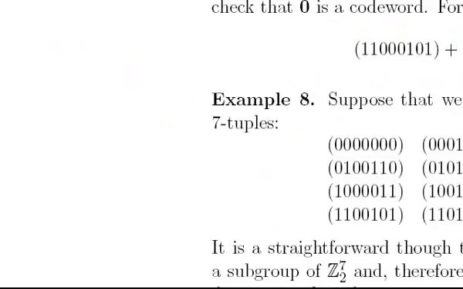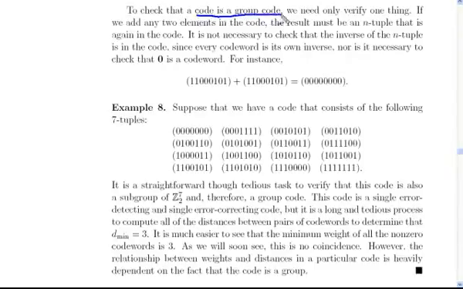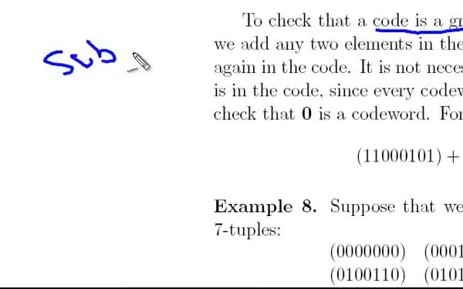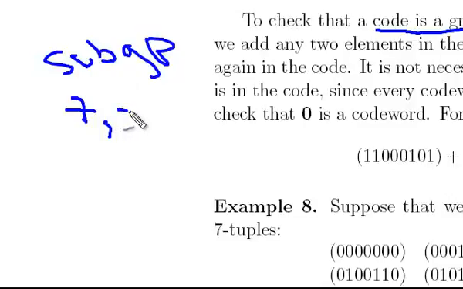Now, how do you check whether a certain set of code words is a group code? How can you check that? Well, it has to be a subgroup of the entire group. Now remember, a set is a subgroup if it's closed under the group operation, and it has to also be closed under inverse.